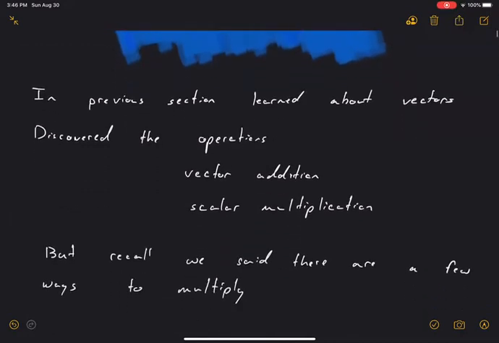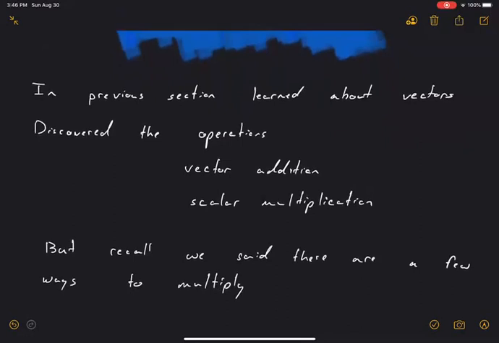Okay, so let's see. In the previous section, we talked about vector addition and scalar multiplication, and we were making these operations, which are similar to addition and multiplication in just the real numbers, right? We can add two numbers together, multiply two numbers together, and then we had analogs in the vectors.